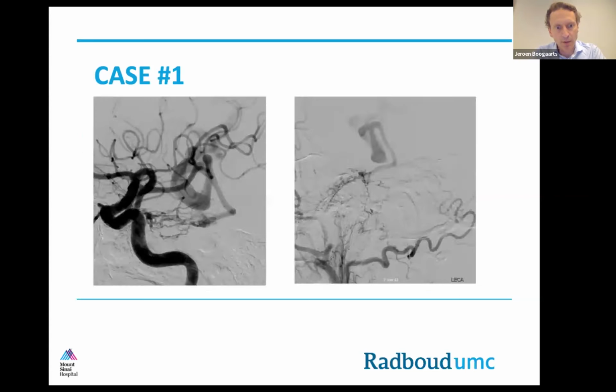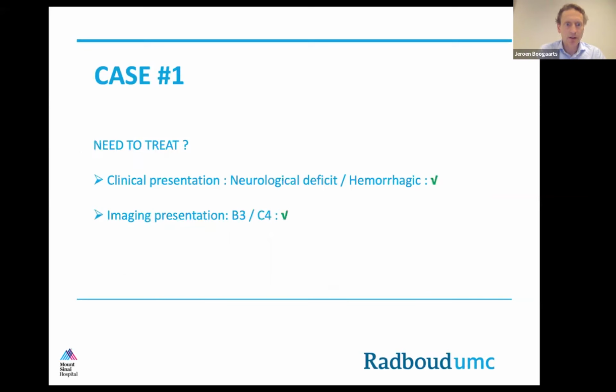And on the angiography, there is this extensive fistula on the apex of the petrosum, with filling from the internal carotid artery, but also from the external carotid artery, with a large vein. So this is the clinical presentation. He had some neurological deficit. He maybe also had some hemorrhage, but it was not very clear.